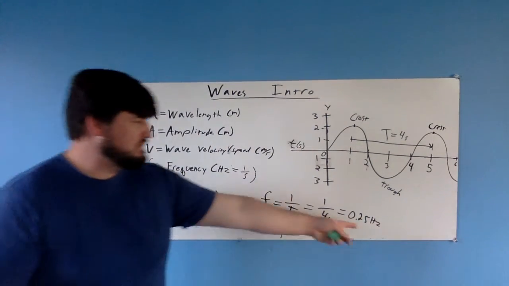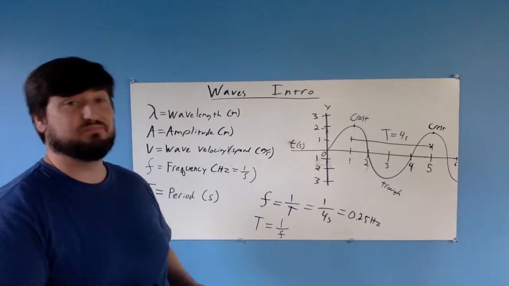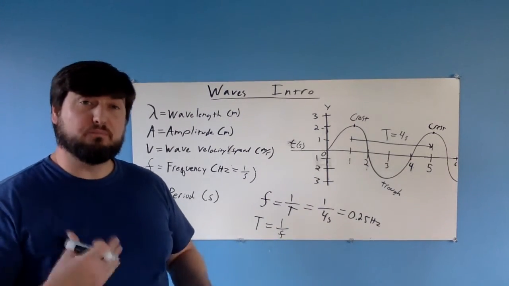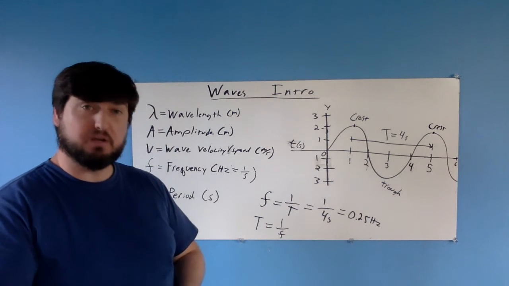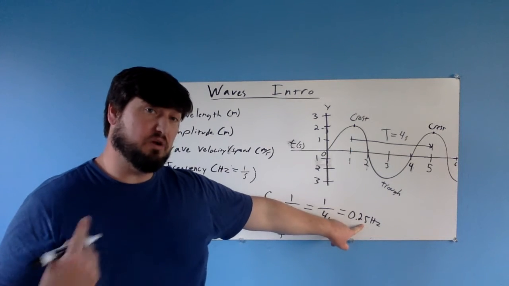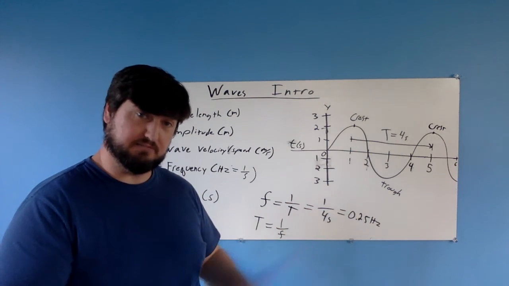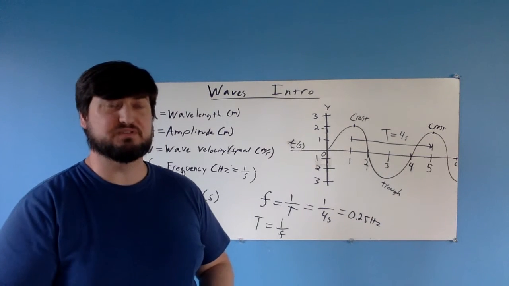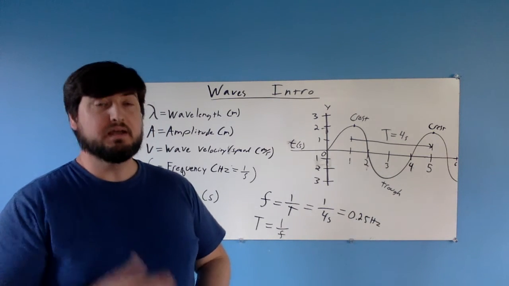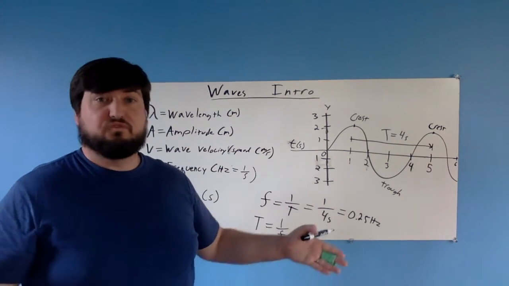So why do we do this? This seems like an overly complicated way of looking at things, doesn't it? Well, it can be, but it can also be remarkably useful. So if we talk about things in hertz, what does that tell you? It tells you how many waves have gone by you in 1 second. So that's kind of cool, isn't it? My voice is in thousands or maybe tens of thousands of hertz, right? So let's say it's 5,000 hertz, just for giggles, okay?